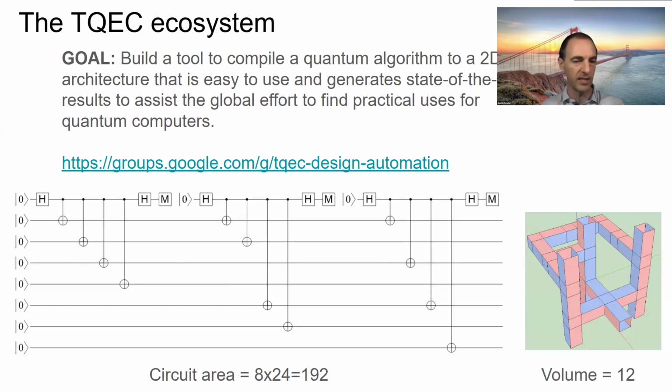The CNOTs are gone, the initializations are gone, the measurements are gone, the Hadamards are all gone. It all got merged together into a computation. The only thing that matters is when you compile it down, what is the overhead of the computation? You're starting completely from the wrong place if you focus on what is the overhead of individual gates. You'll never get good compilation if that's your starting point.